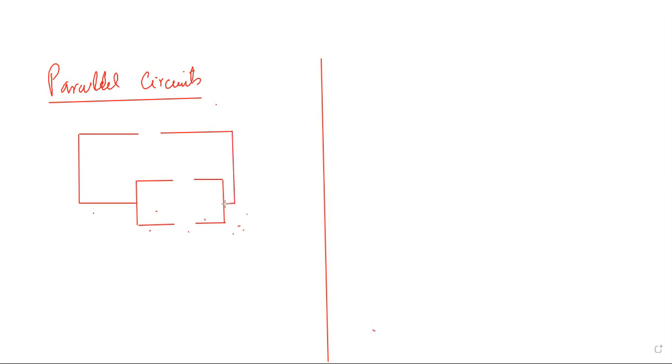And you see here, I have made two parallel branches. And in this place, I'm going to fix a battery. This is a bigger battery I'm using, right? And on this place, I'm going to put two bulbs. One is this, one is this, right?